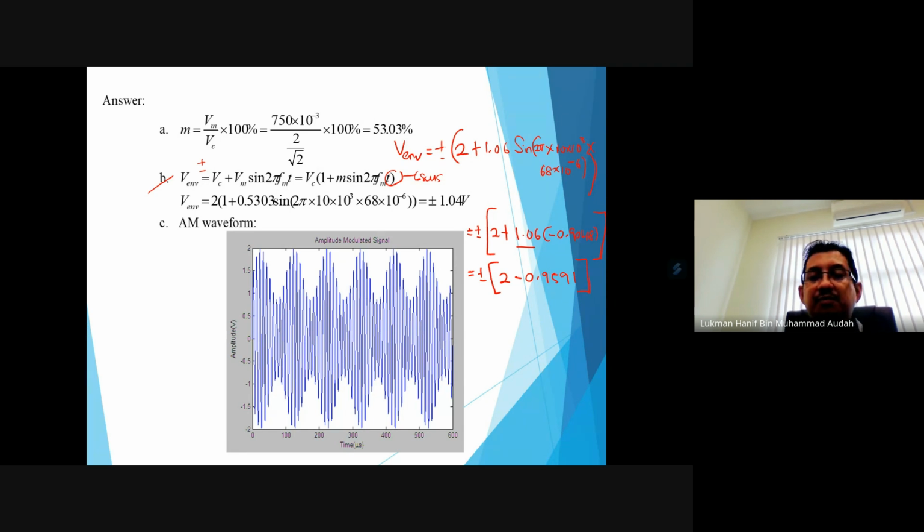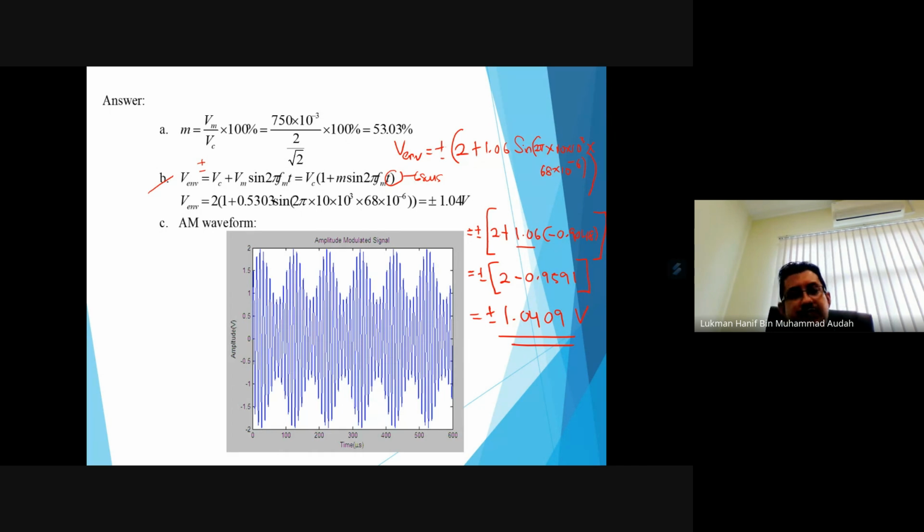Please correct me if I'm wrong. So this is equal to plus or minus, 2 minus 0.9591, and I'm going to get 1.0409 volts.